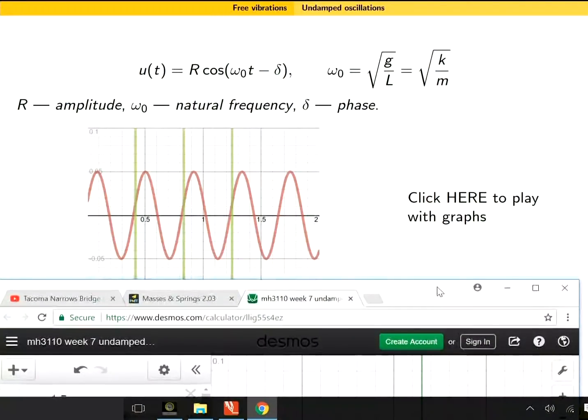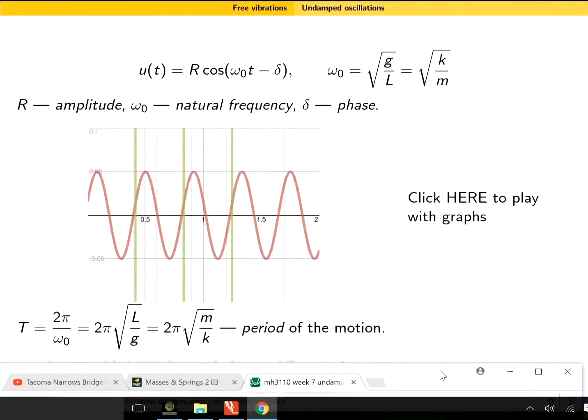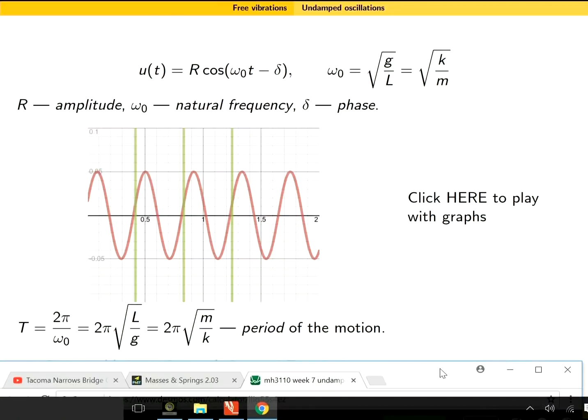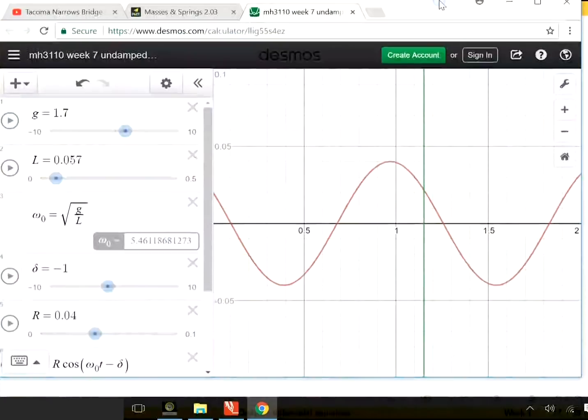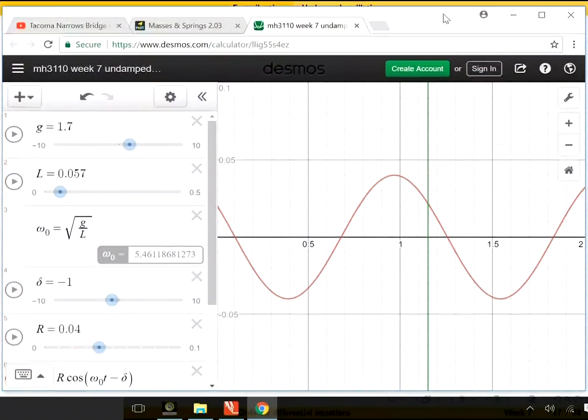But then, you see, if you change the acceleration due to gravity, in the formula it is in the numerator inside the cosine, so the bigger it is, the higher the frequency. The smaller it is, the smaller the frequency, which means a longer period and less frequency.